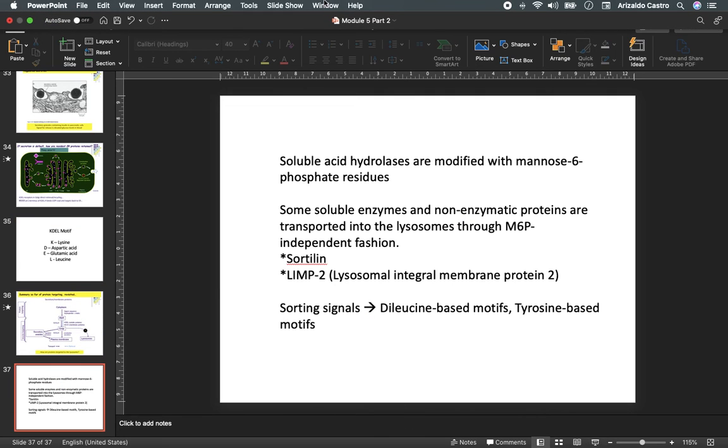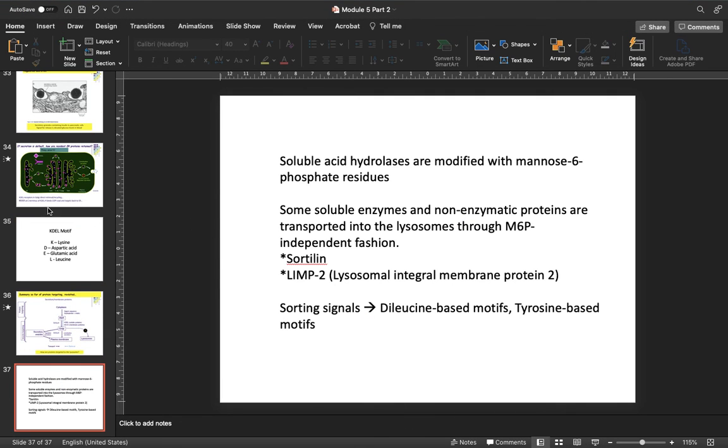So that's the last slide. That ends our discussion about the Golgi complex and lysosomes.